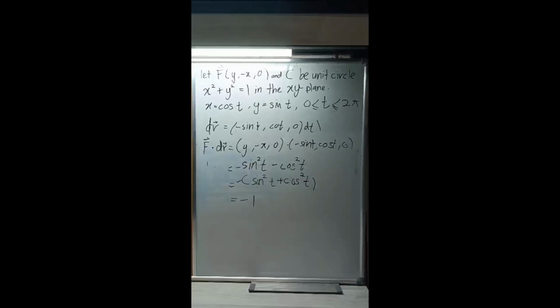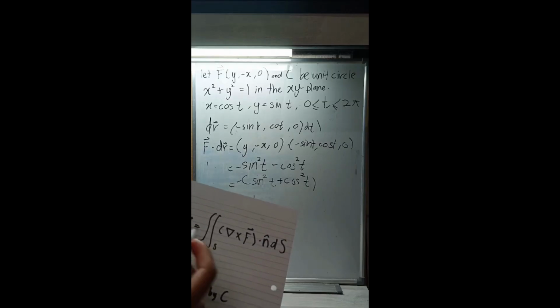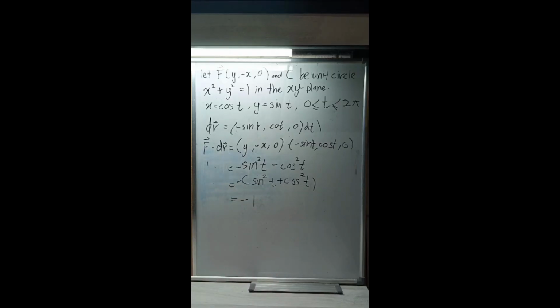So we get the answer for F·dr is -1, and then we continue the equation with the formula of F·dr. The limits are 0 to 2π, so we're just going to put -1 dt.